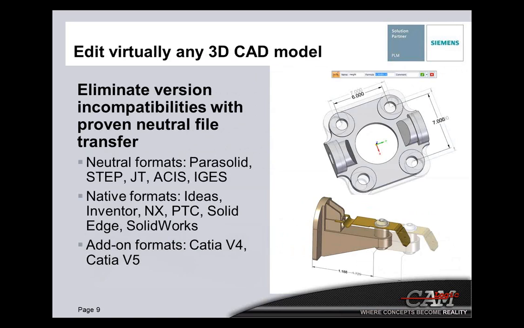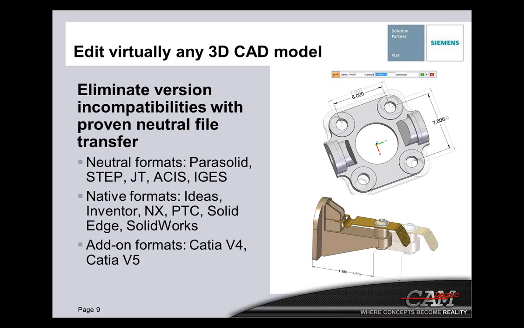Importing and exporting virtually any 3D model is as simple as File Open or File Save. This can solve your version incompatibility issues, and there's no need to worry about what the authoring system was or what version your data was created in. Get the most freedom when using neutral file formats such as STEP, Parasolid, JT, or even IGES.